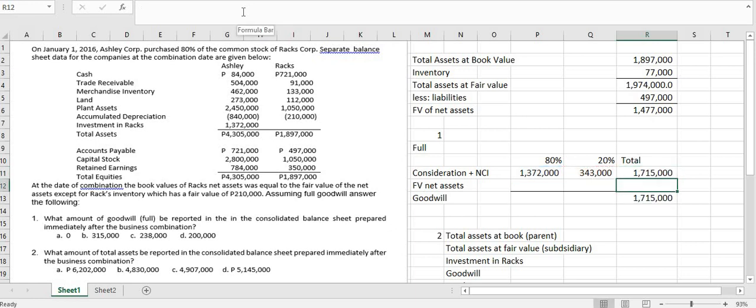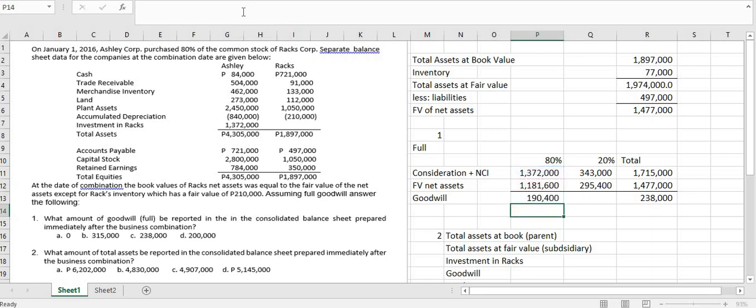And our fair value of net assets is 1,477,000. The share of the controlling interest there is 181,600, and the share of NCI is 1,400.